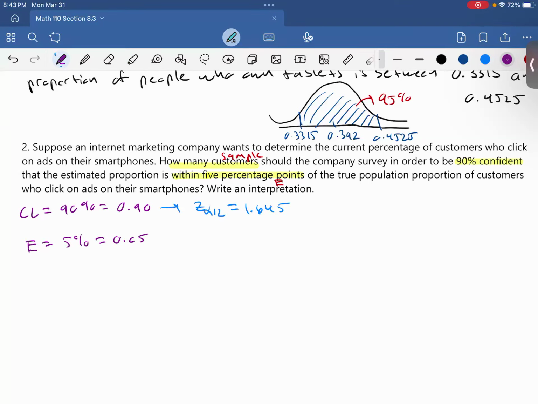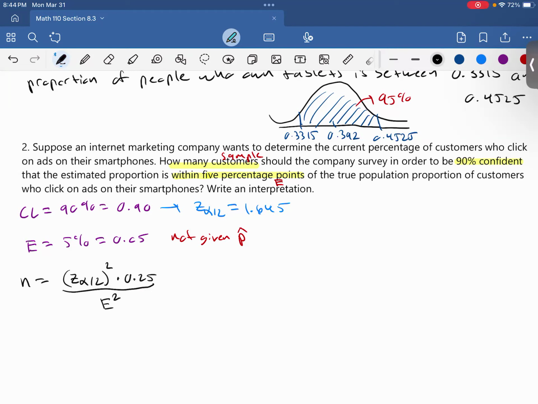If you notice here, we're not given p hat. We're not given a sample proportion. So we need to use the sample size formula of, I'm just going to write it out, the critical value squared times 0.25 over error squared.